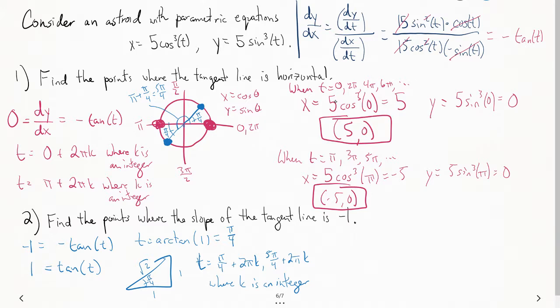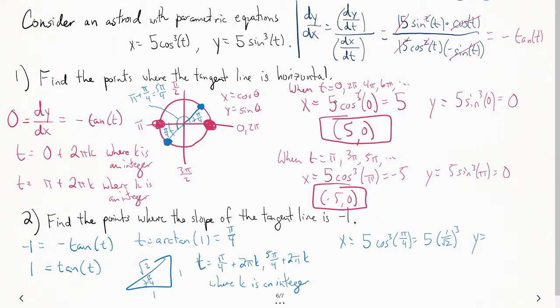Well, now we just have to plug them in. x equals 5 cosine cubed of pi over 4. Well, that's going to be equal to 5 times 1 over the square root of 2, cubed. And then the y value at that corresponding spot would be 5 times 1 over square root of 2 cubed again.